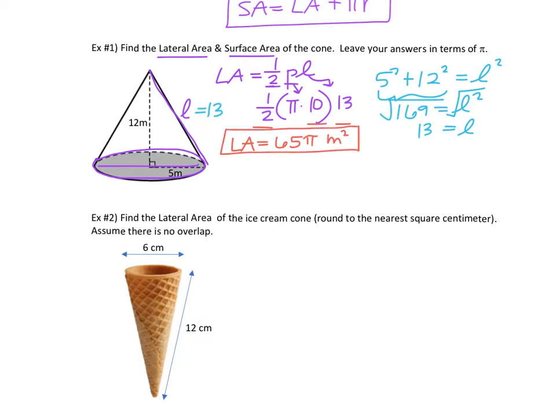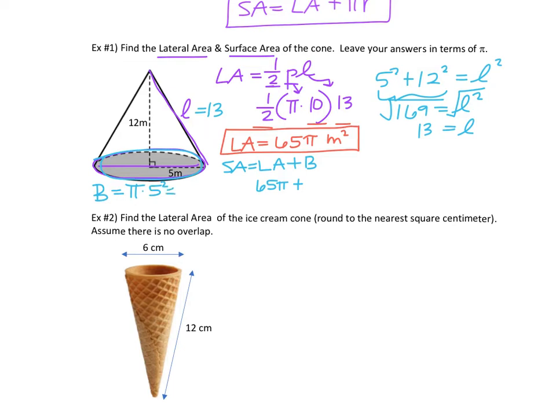Okay, so that's lateral area. Then we need to do the surface area. The surface area is the lateral area plus the area of the base. That's the formula I just gave you. So we're going to do lateral area, 65 pi, plus the area of the base, my capital B right now, is pi r squared.